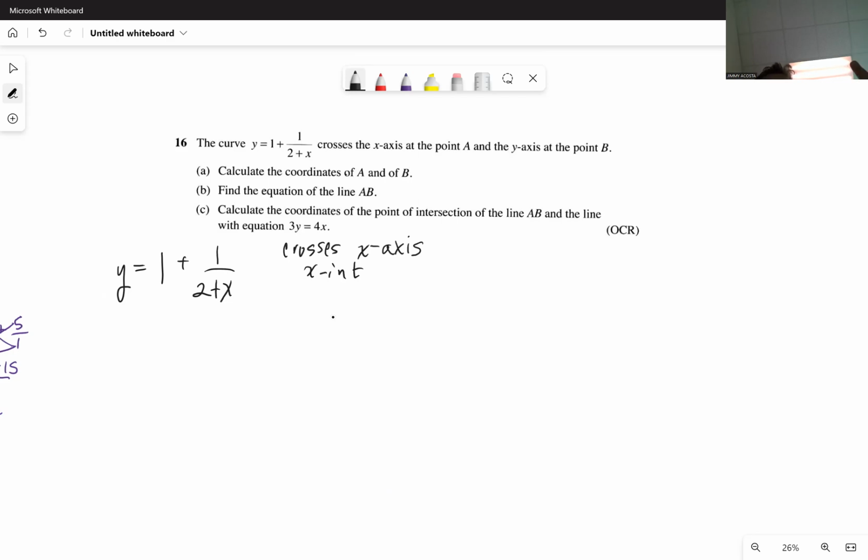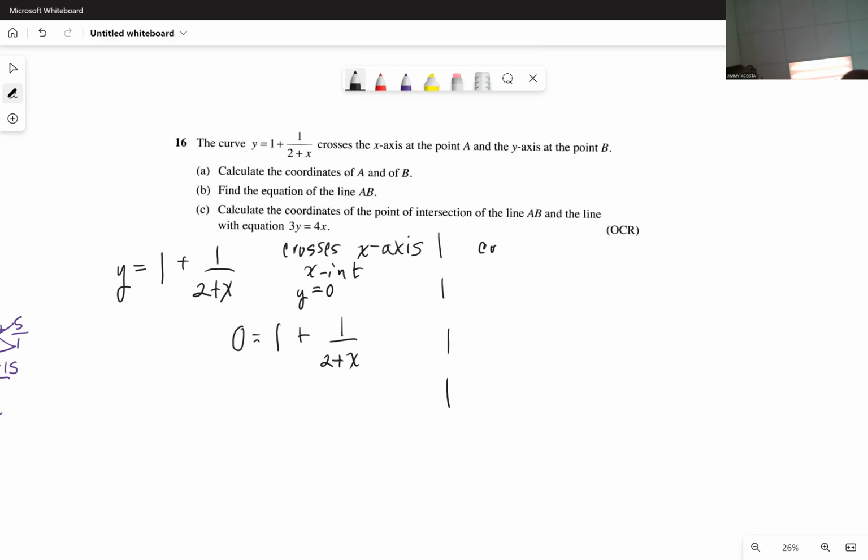The x-intercept. What is the value of y at that point? y equals 0. So the way we're going to find point A is we're going to set the value of y to 0 and then solve for x. So we're going to have 0 equals 1 plus 1 over 2 plus x. That's one side.